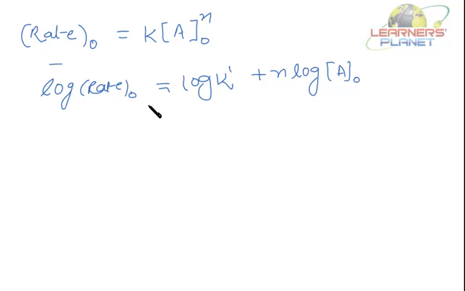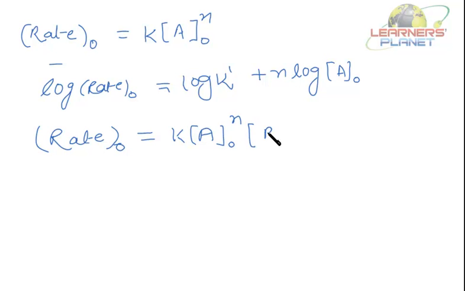Why so? Because if I write the rate expression, the rate in the beginning, that is at the start of the reaction, is equal to K, the initial concentration of A to the power n, and the initial concentration of B to the power m.